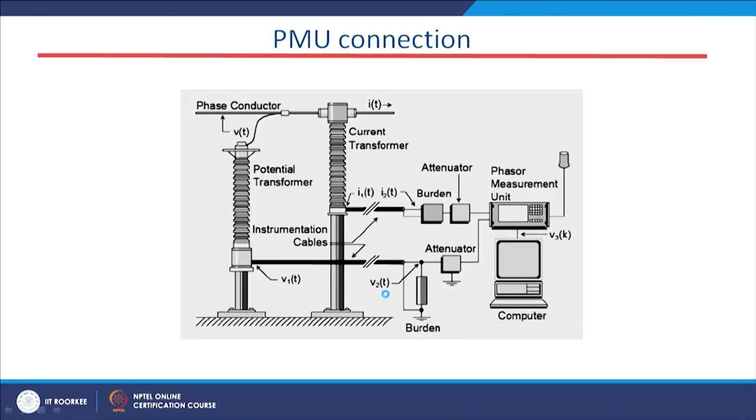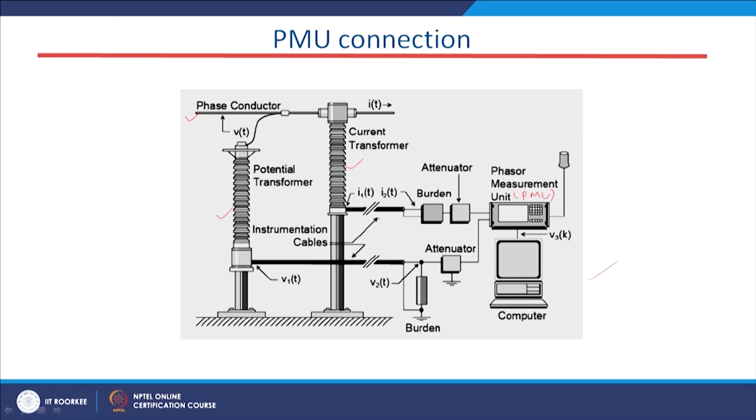Now, this is one of the PMU connection snapshots, where this is our phase conductor or power conductor, this is our potential transformer, this is our current transformer, and here is our PMU, the phasor measurement unit.